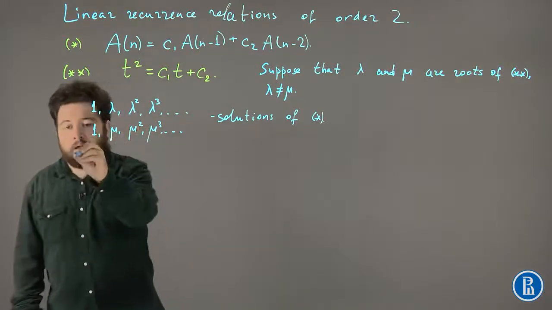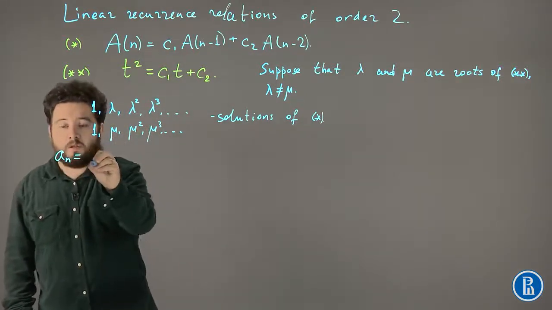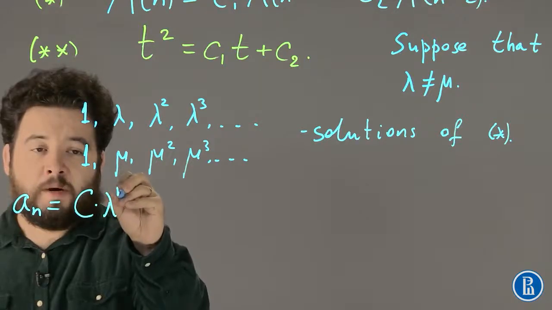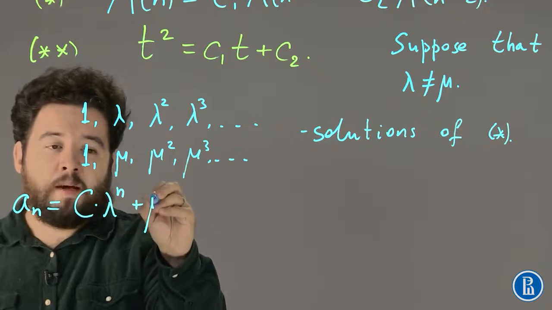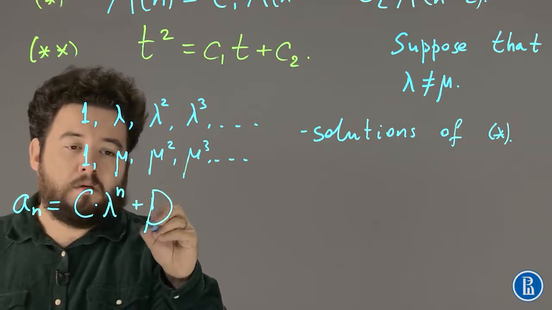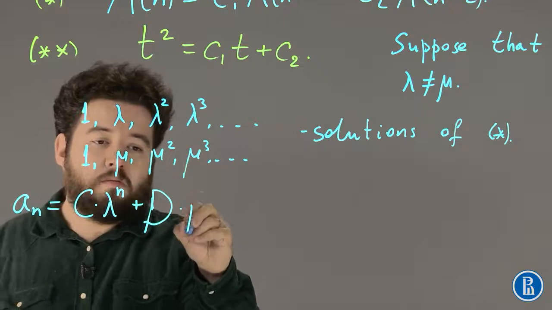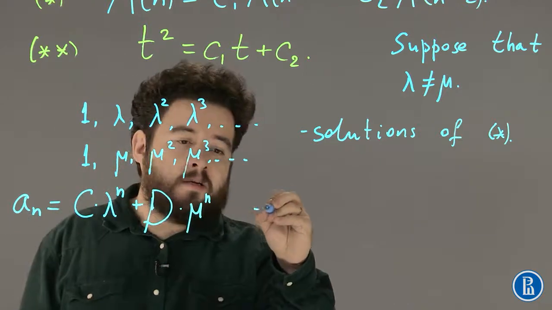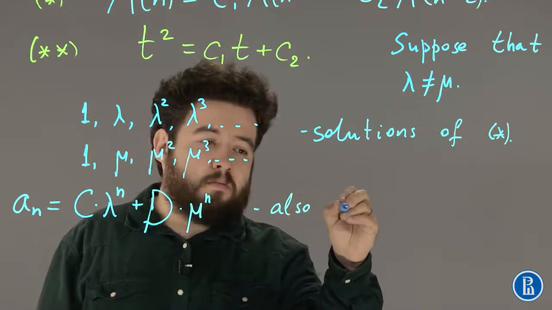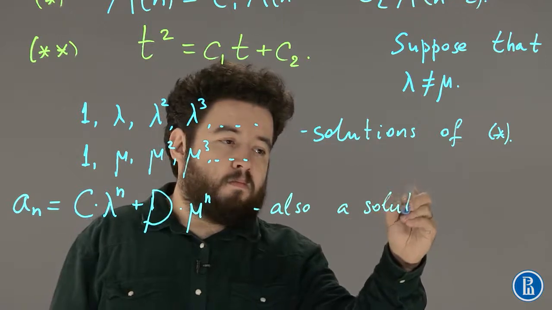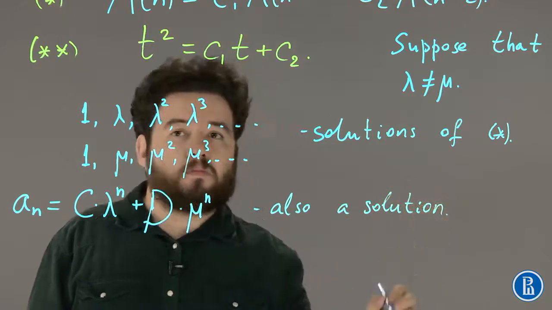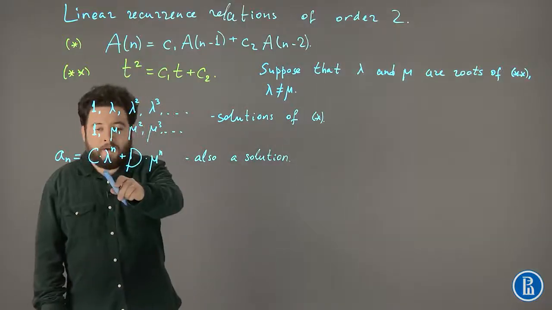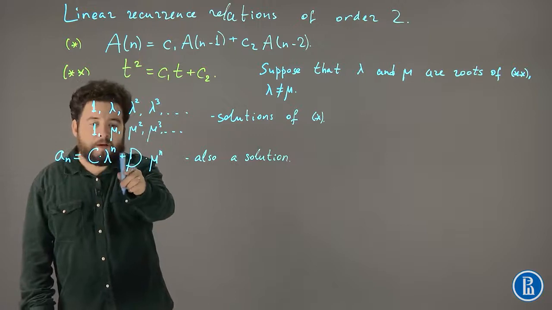So this means that a(n), which is equal to capital C times lambda to the power n plus capital D times mu to the power n, is also a solution. So right now we can write down a two-parametric family of solutions.